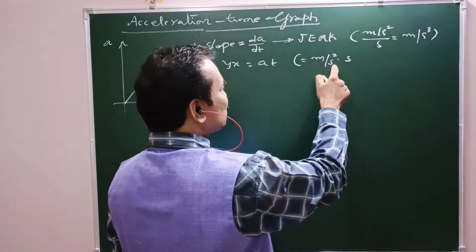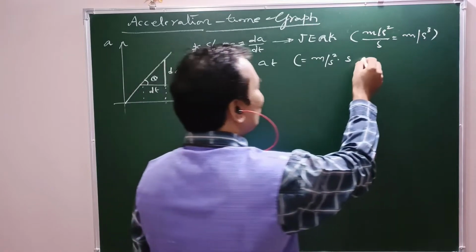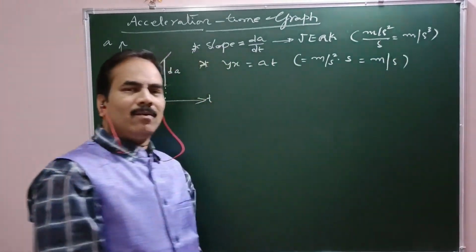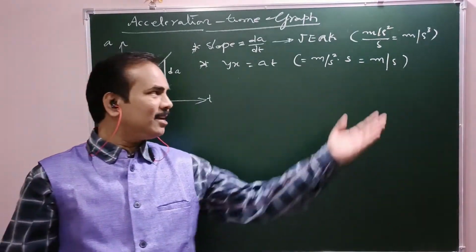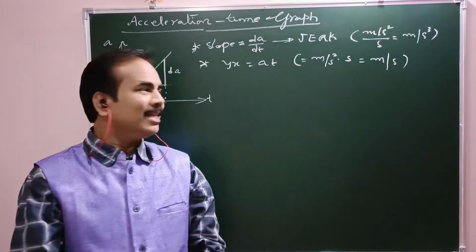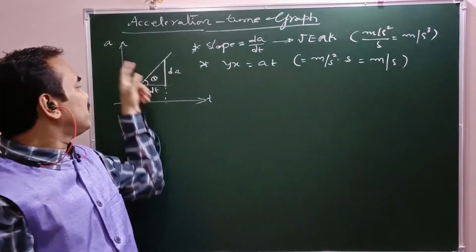Second cancels, and we are left with meter per second. What is that unit? That is the unit of velocity. So there is significance in taking the product of acceleration and time.